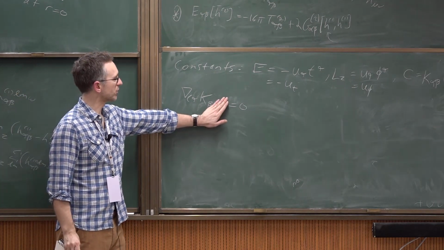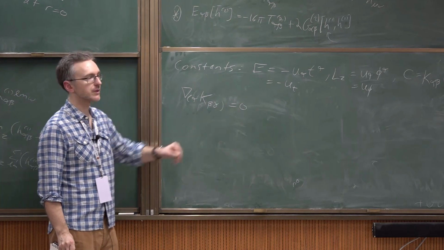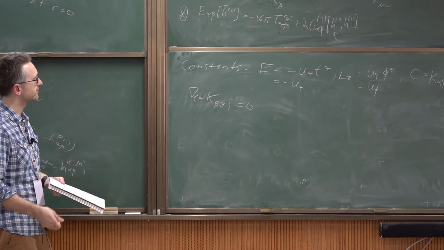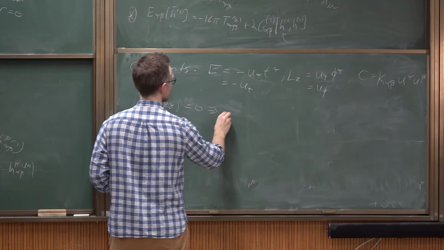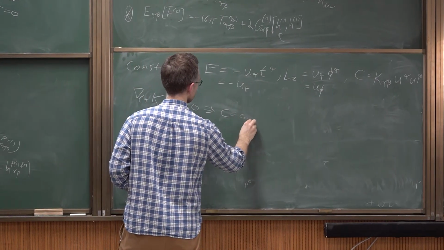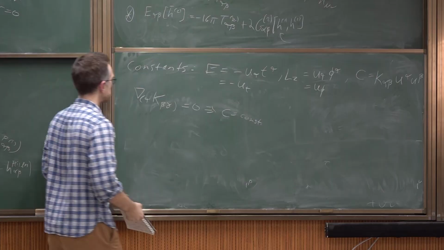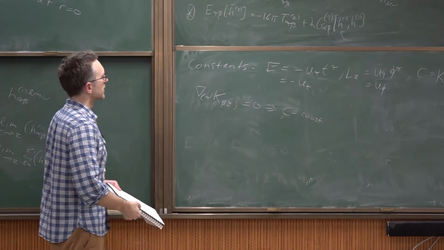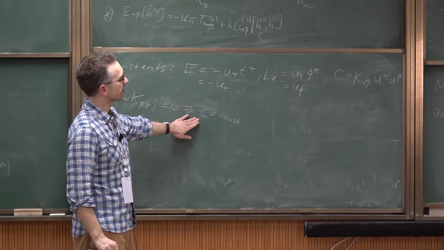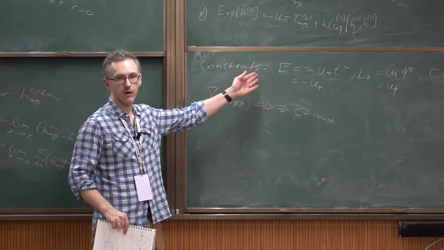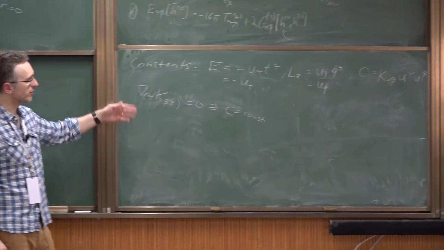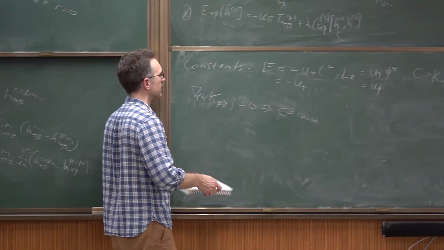For a killing vector, you just wouldn't have this last index. You just have one index instead. So this implies that C is equal to a constant. And the derivation of it being constant is basically the same as the derivation that E and L are constant. You just take a covariant derivative along the world line.